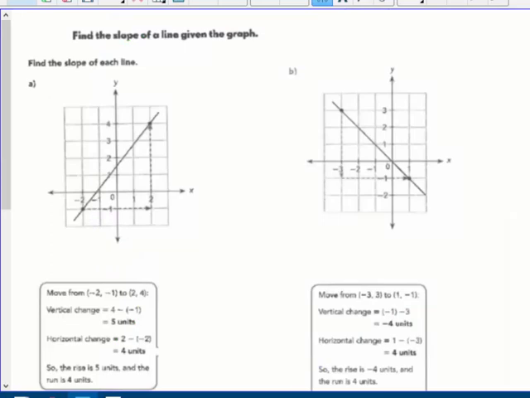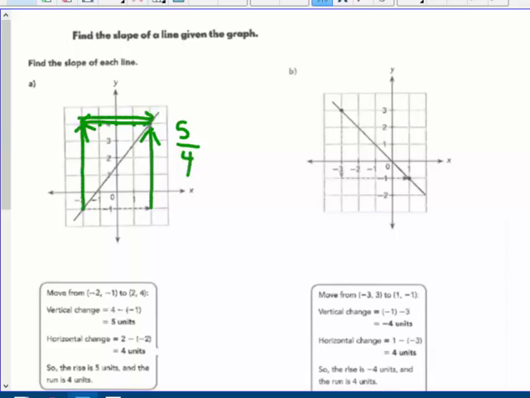Find the slope of each line. So the slope is the rise over the run. We're going up by 5 and going over by, ooh, be careful, 1, 2, 3, 4. So I can do it this way as well, or I can go up by 5 and over by 4.